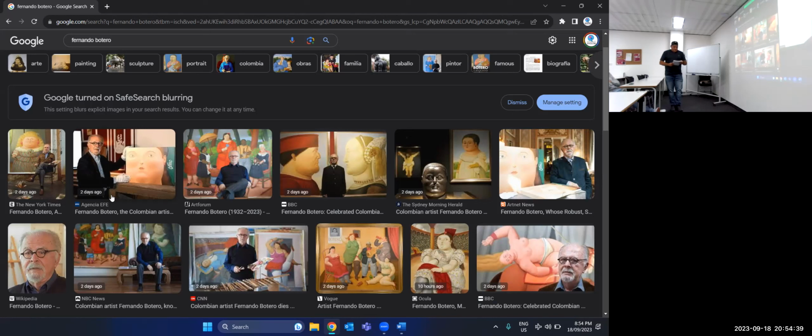Fernando Botero lives in Monaco. In Italian, very interesting.